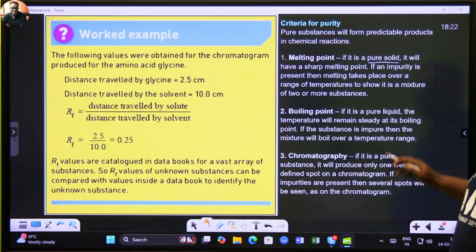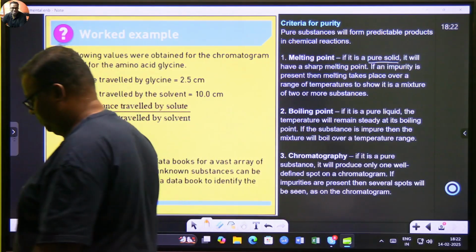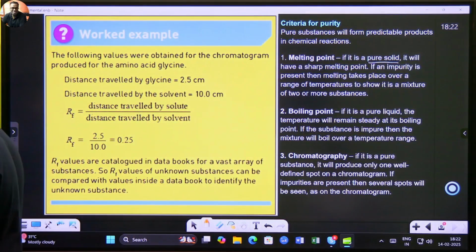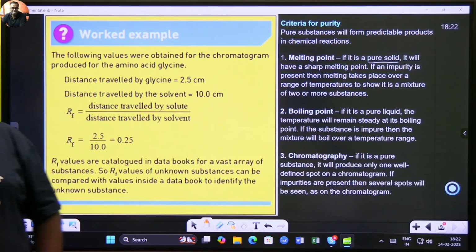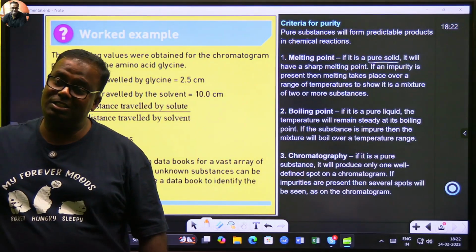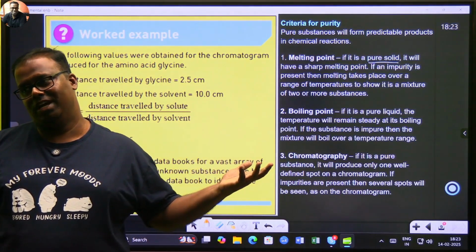If you are a pure liquid, then the temperature will remain steady at the boiling point. Why does the temperature remain steady at boiling point? Can anyone answer me? That I know, but why does it? Boiling will be said to be complete when 100% of the liquid converts to 100% of gas.